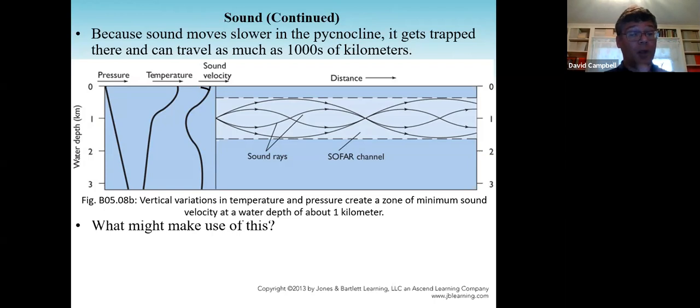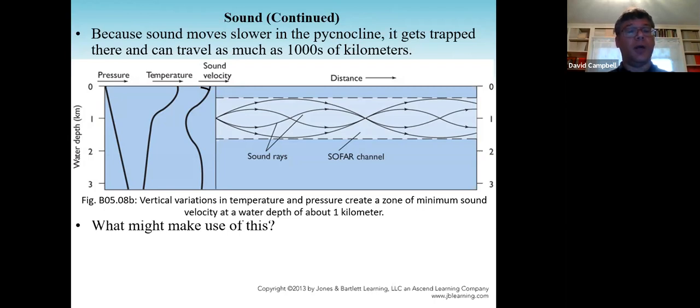So communication with other whales across long distances is potentially a useful thing to them. And so a whale can dive down into the pycnocline zone and make noise, and maybe somebody on the other ocean, hey, Bob's over there somewhere. You've got potential for communication over quite long distances for them.